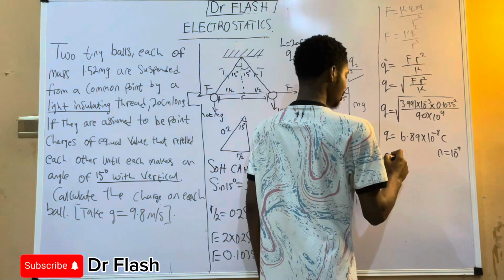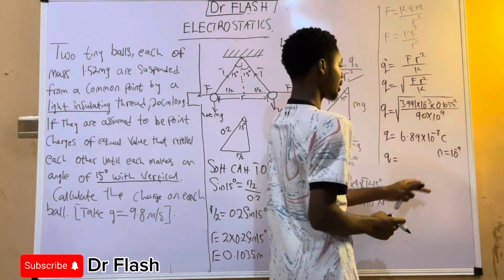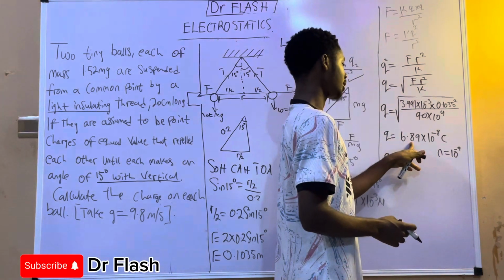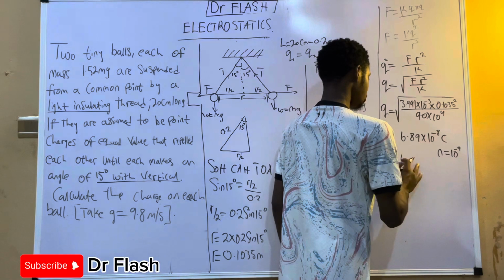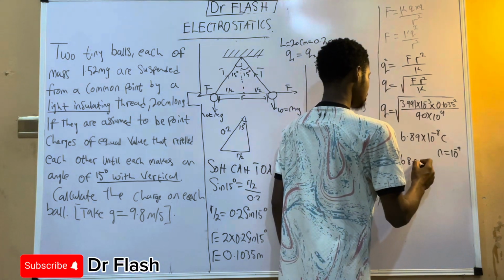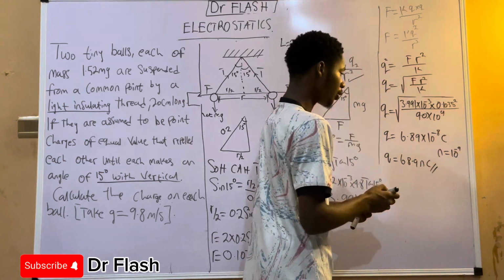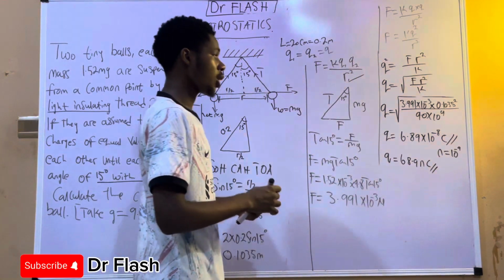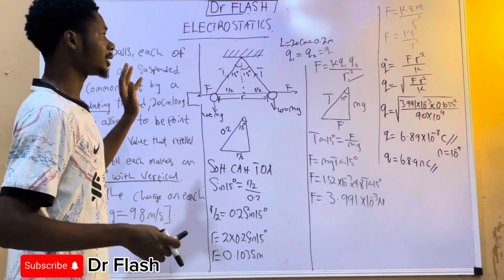When I do that, I get Q equal to, dividing by 10 to the power of minus 9, 9 minus 8, that's 1, so I'm multiplying this by 10. So I'm going to have 68.9 nanocoulombs. Now this is the value of the charge. I could as well leave it like this or this, depending on the option given to you in the examination. So that is how a problem like this is done.